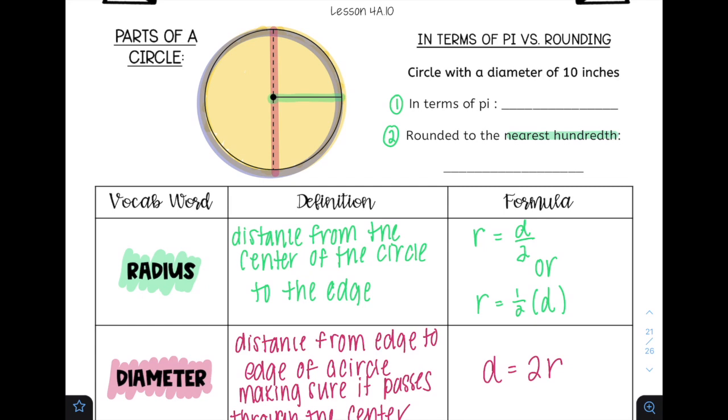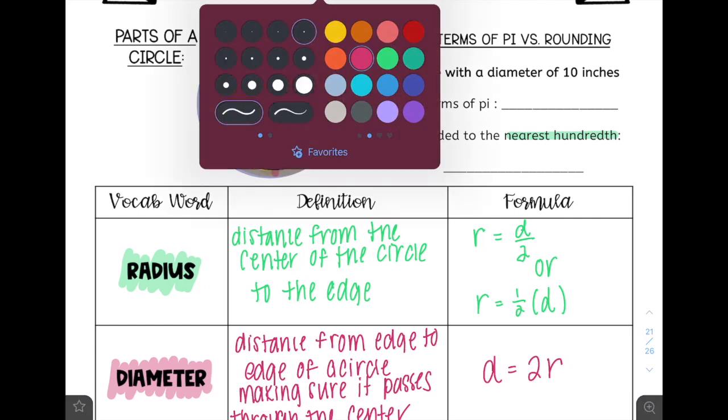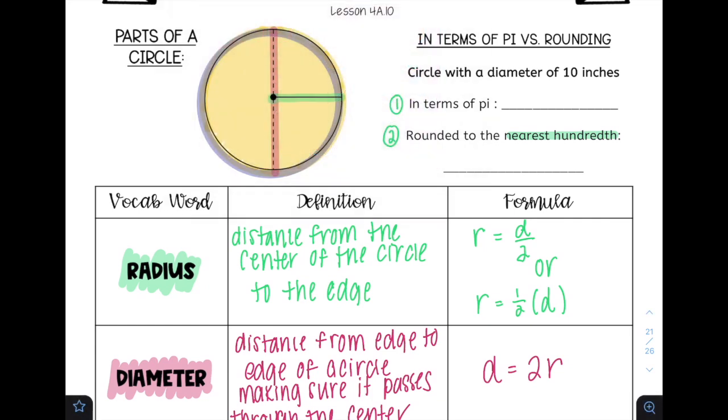So for this specific situation, what I always suggest to my students is look at what they're giving you and look at what they're asking you to find. So in this case, I want you to find area, which is going to be pi r squared. And I always have my students write out the formula so it's in front of you, you can see it.